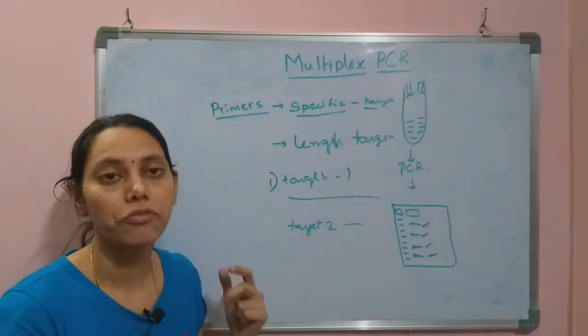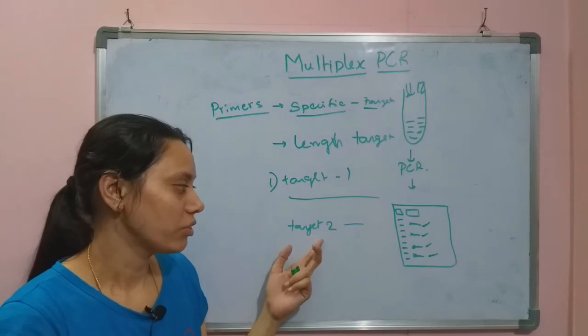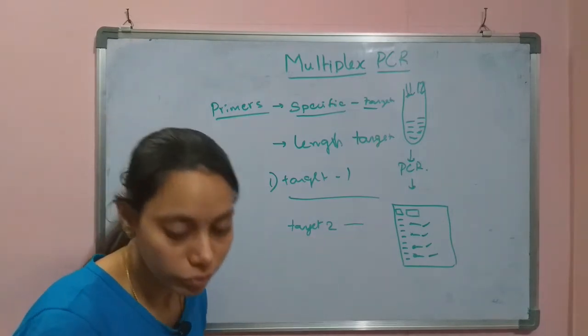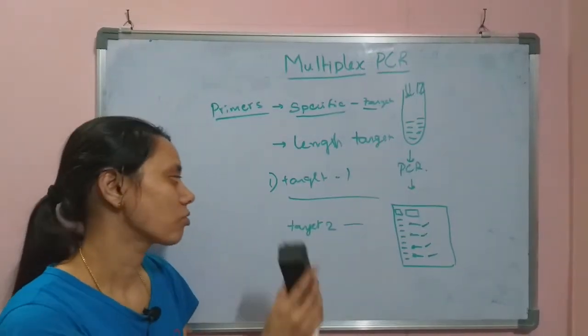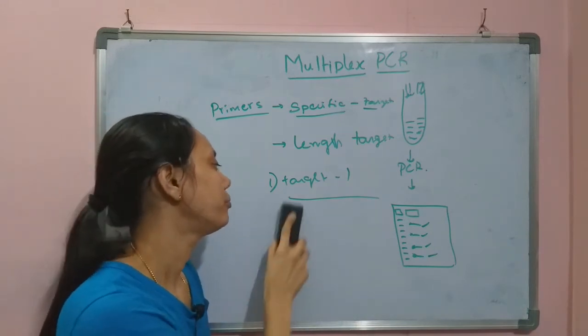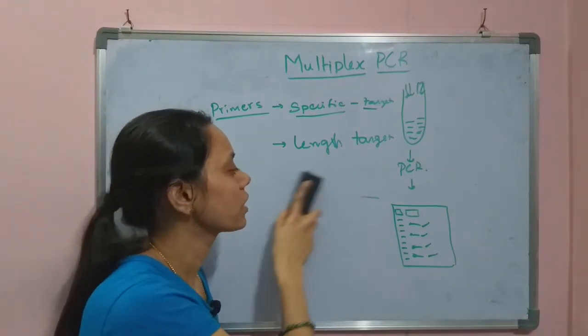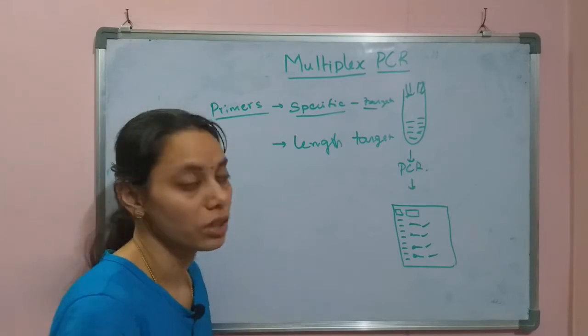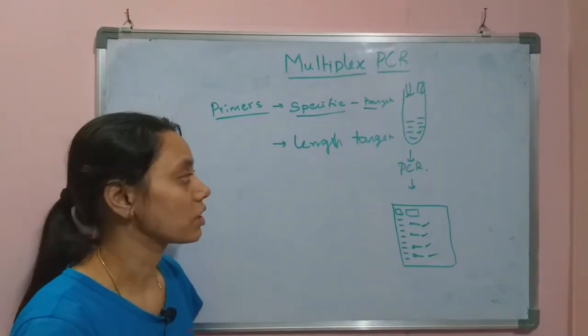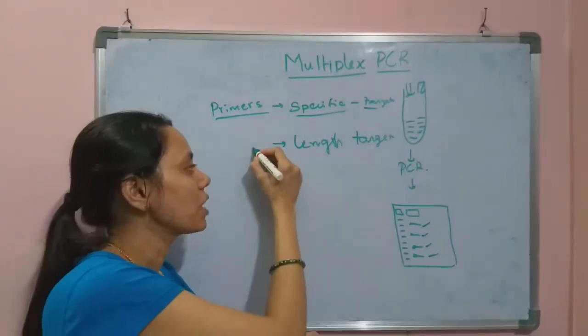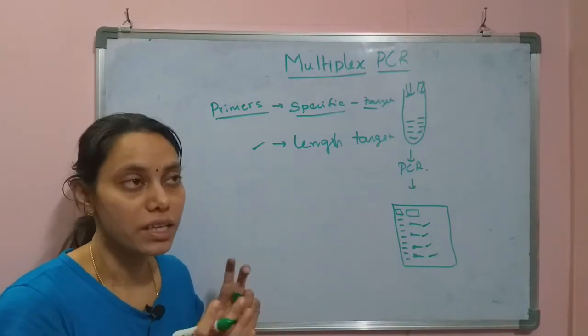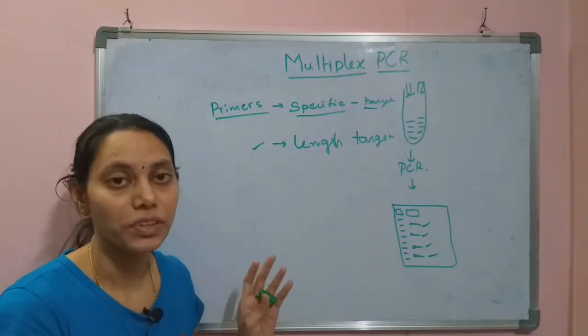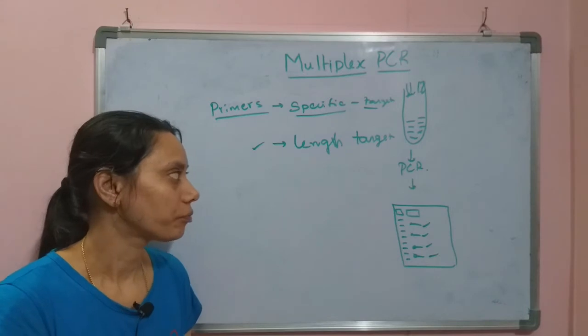Then the time taken for the replication or amplification will be different. So there is a chance of a false negative or false positive reaction, and an unsuccessful PCR reaction may result. So primers also need to be designed based on the lengths of the target DNAs.